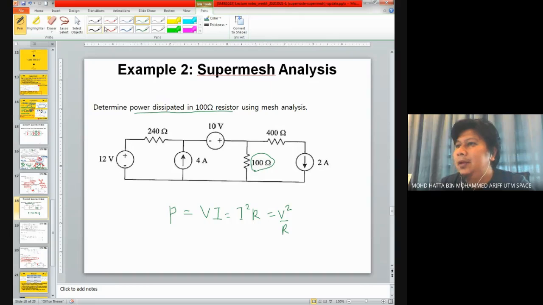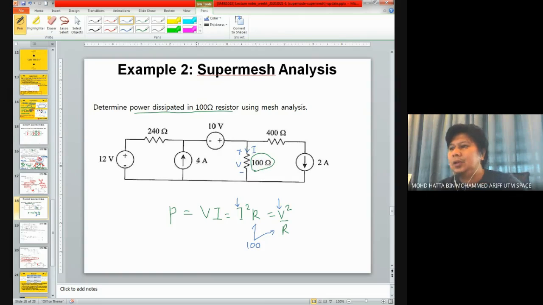The R value over here is 100 ohm. The current here is the current going through here. The voltage stated over here is the voltage across this resistor.